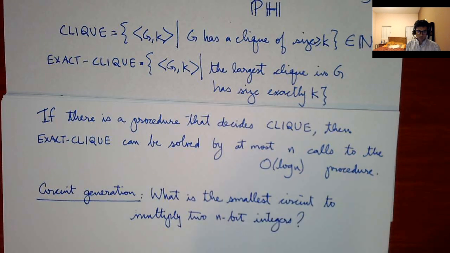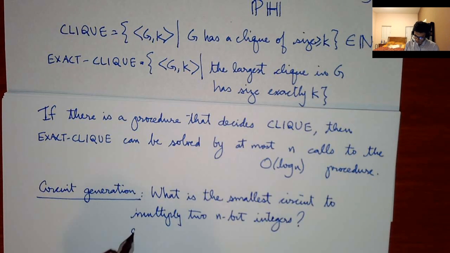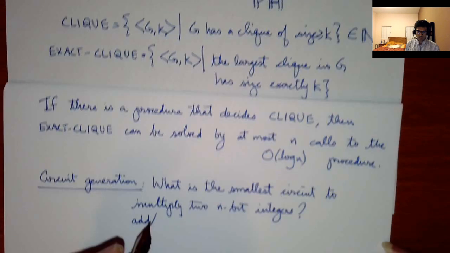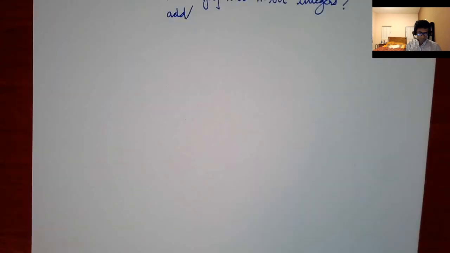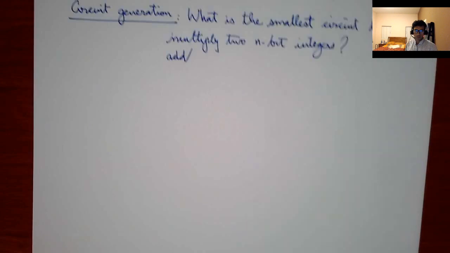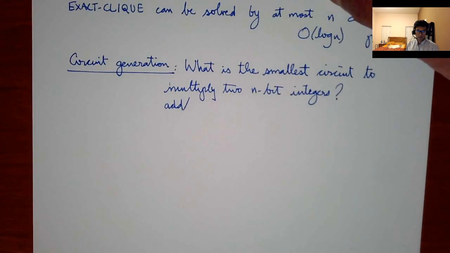And this was the problem, and instead of multiply, you could think of anything. You could think of add, multiply, whatever function, right? What is the smallest circuit to compute some function?